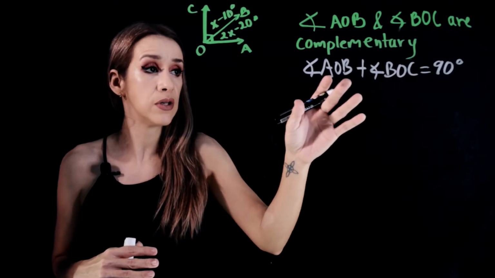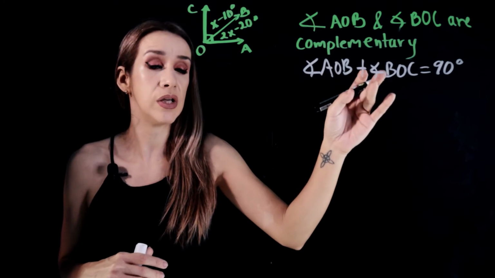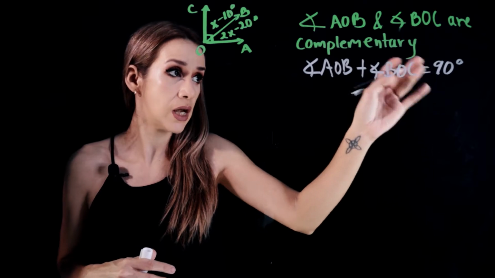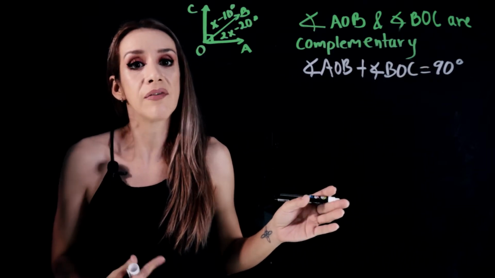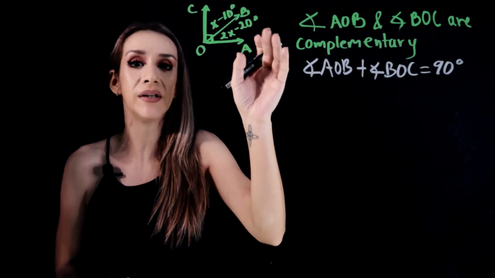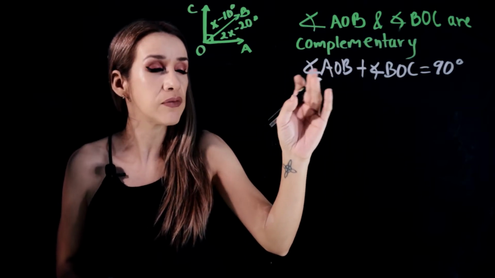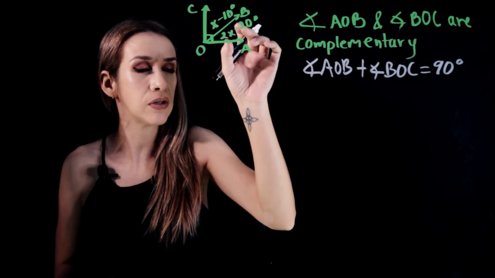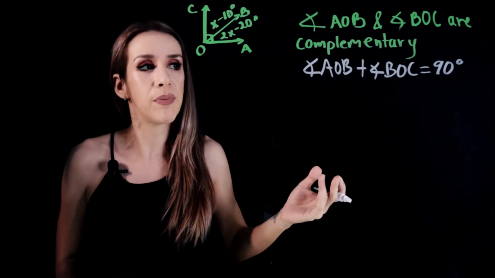Okay, if I sum the value of the angle AOV with the value of the angle BOC, the number that I'm going to obtain is 90 degrees, right? So this is the thing, we don't have the actual values of the angles, but we have a way to find them. Instead of writing the name of the angle, I'm going to use this tiny expression, which is the one that I'm going to use to find the actual value.